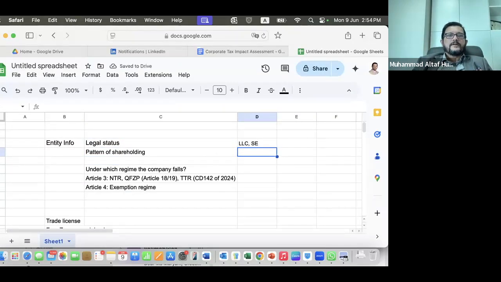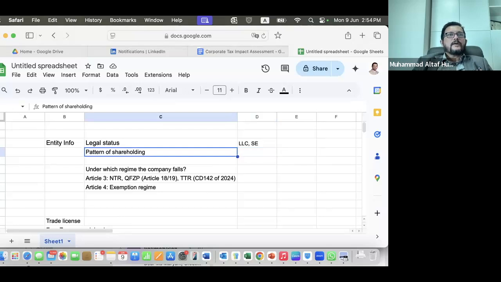Pattern of shareholding. Why do we need to address pattern of shareholding? That's the question, right? In the pattern of shareholding itself, what are we looking at? First of all, it will give us all the names of the shareholders, but then we will have to identify related party shareholders.